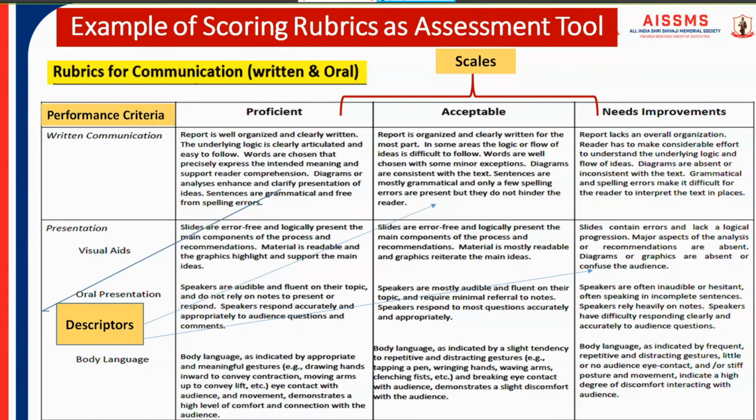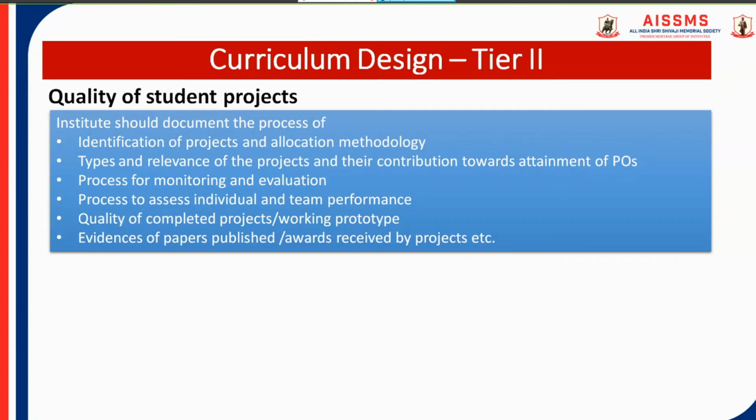The institute should document the process: identification of projects and allocation methodology, types and relevance of the project and their contribution towards attainment of POs, process for monitoring and evaluation, process to assess individual and team performance, quality of completed projects, working prototypes, evidences of papers published, awards received by students.